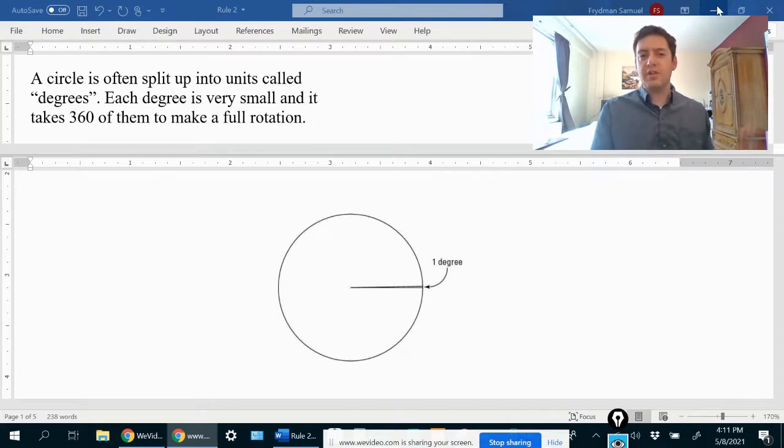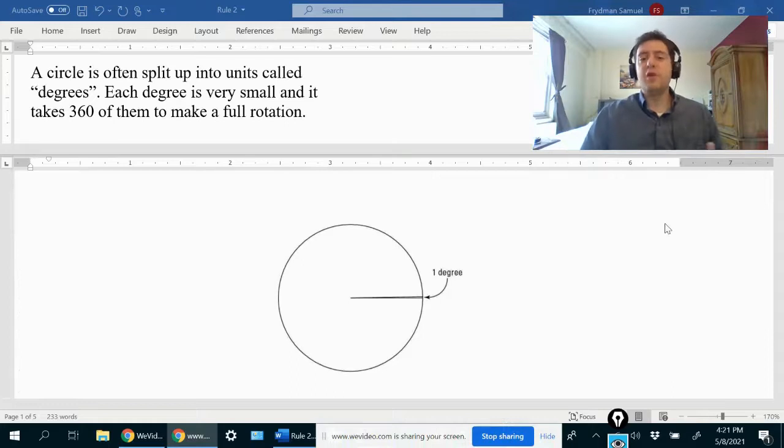We can split up a circle into however many pieces we want. If we wanted to, we could split a circle up into 100 equal pieces, or 50 equal pieces, or 75 equal pieces, anything. So, what is the number that modern mathematicians have chosen?